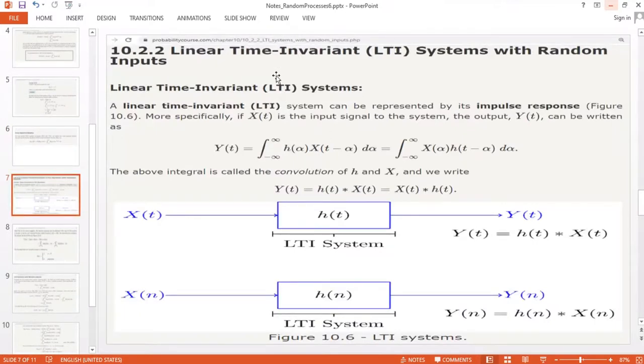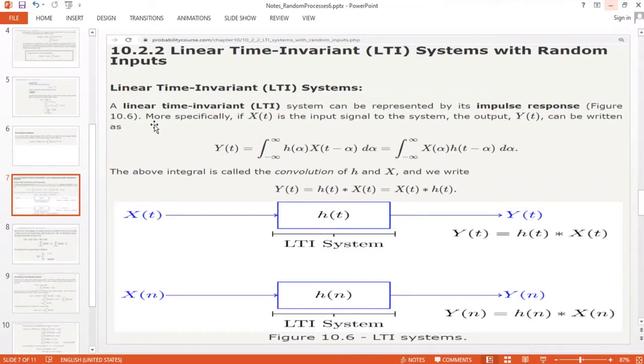Then we see linear time invariant systems with random inputs. If you have some X(t) and you have one system with impulse response h(t), and this signal goes to this system, then this is the output Y(t). So the linear time invariant system can be represented by its impulse response.